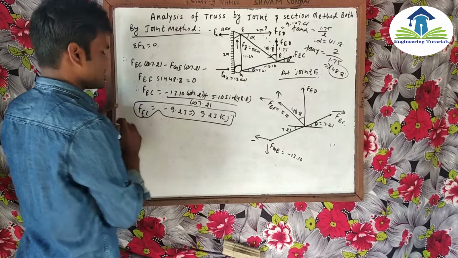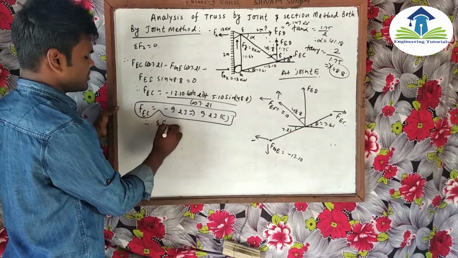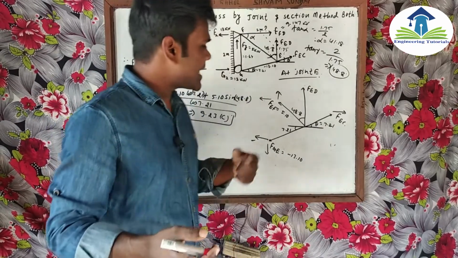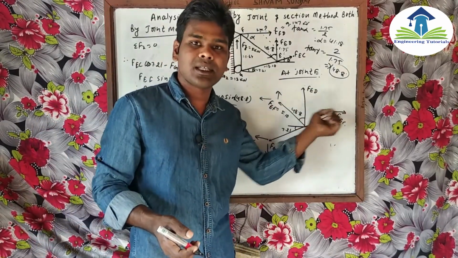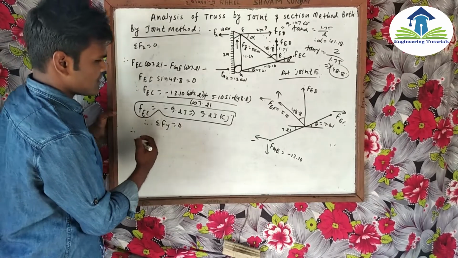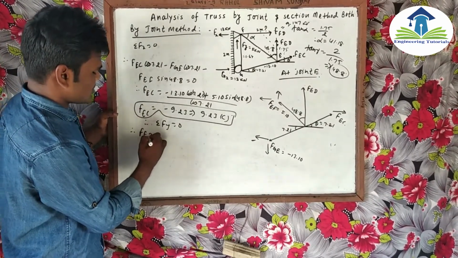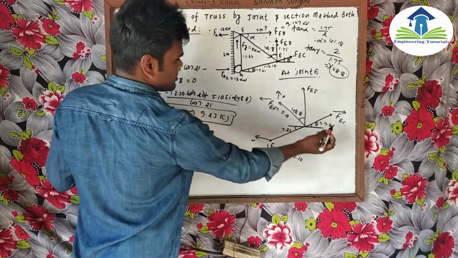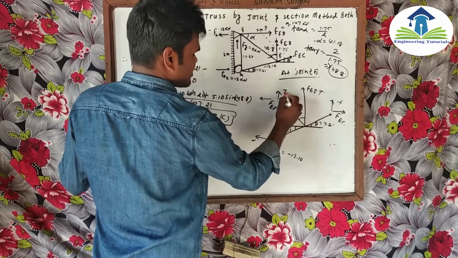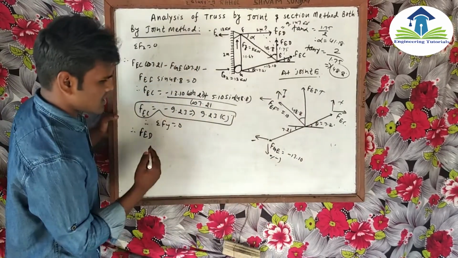compressive force. Now if we do total vertical force equal to 0, then we can find the value of FED. So what is our equation? For FED, total positive force: this is positive, this is positive, this is negative, positive, negative, one is negative.